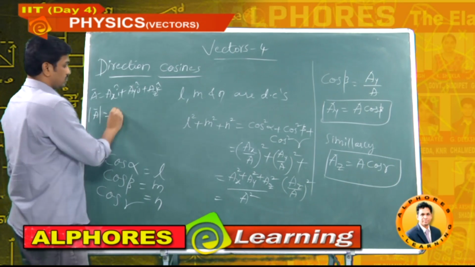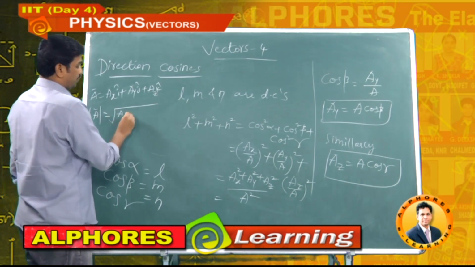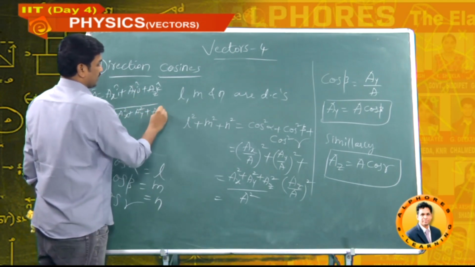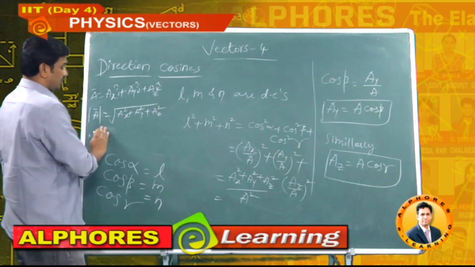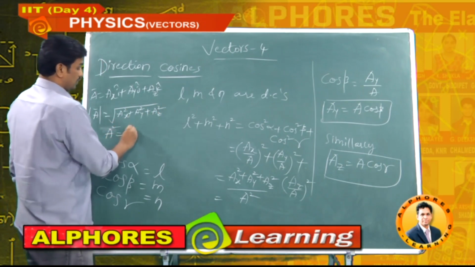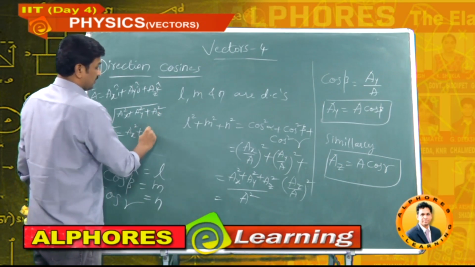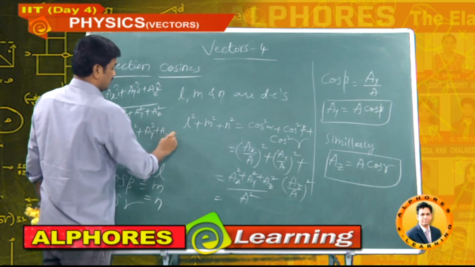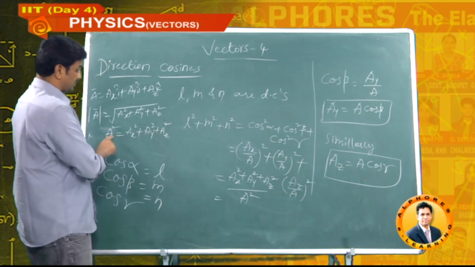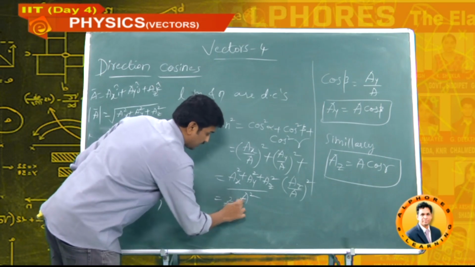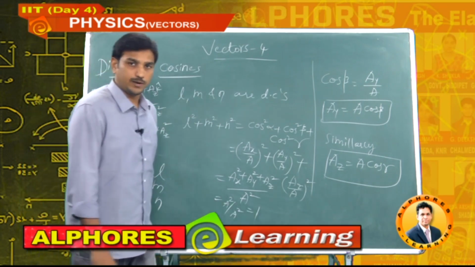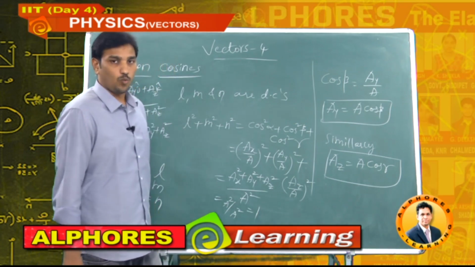Mod A bar is under root of the i cap coefficient whole square, j cap coefficient whole square, k cap coefficient whole square. Mod A bar is A, squaring on both sides: Ax square plus Ay square plus Az square is A square. Now the numerator is A square, the denominator is A square. A square in the denominator and numerator cancel. Now our answer is 1.